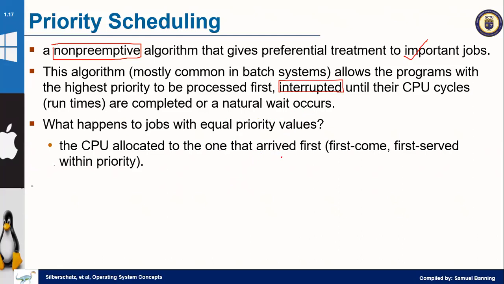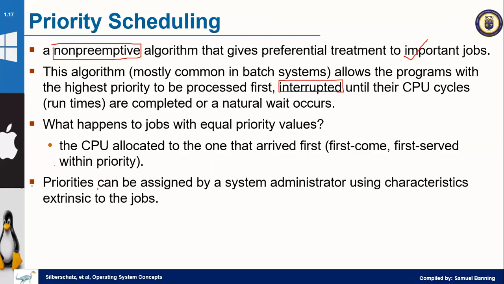Both are accident victims, and ambulance A came before ambulance B. Therefore, ambulance A will be given priority over ambulance B because it came first. These priorities can be assigned by a system administrator using characteristics intrinsic to the jobs. So looking at the jobs and their importance, the priorities are assigned by the system administrator.